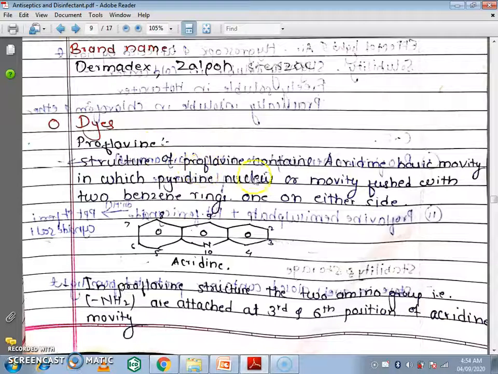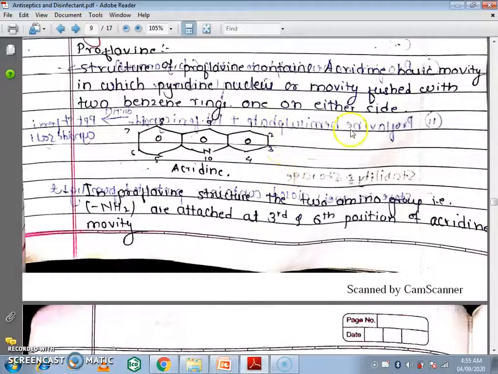The structure of proflavin contains the basic acridine moiety, in which a pyridine nucleus is fused with two benzene rings, one on either side. In the proflavin structure, the two amino groups, that is NH2, are attached at the third and sixth position of the acridine moiety.